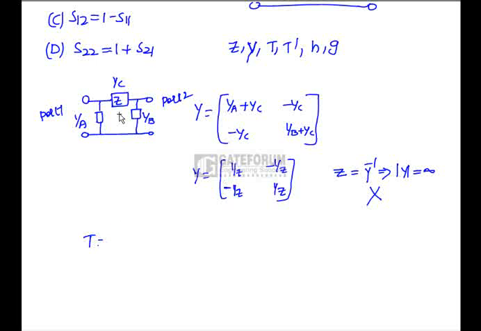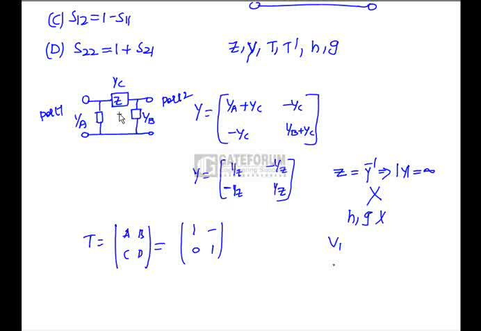Now you take it as T parameters. If you find T parameters, this is just like a short transmission line. T parameters is nothing but ABCD parameters, which is equal to [1 Z; 0 1]. Similarly, you cannot find H and G parameters. You can calculate it.